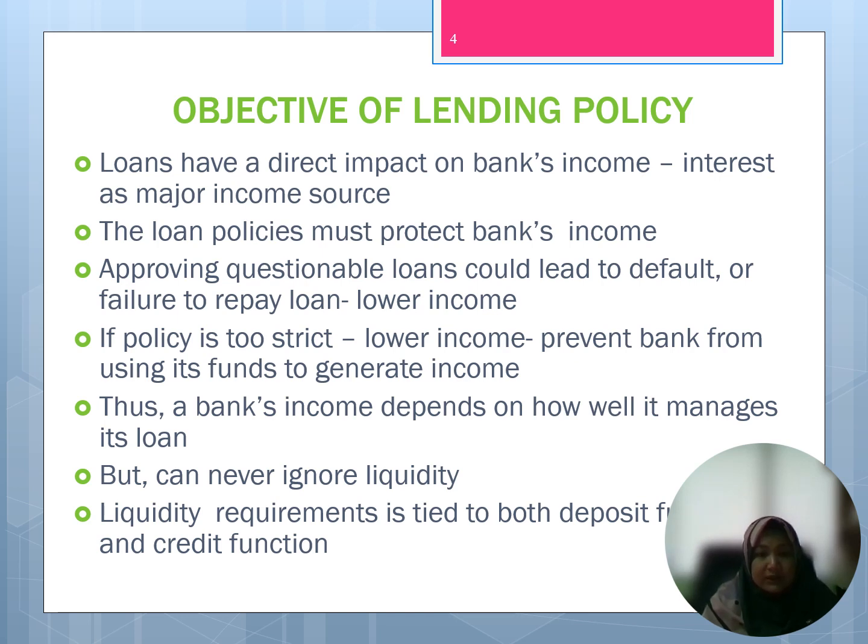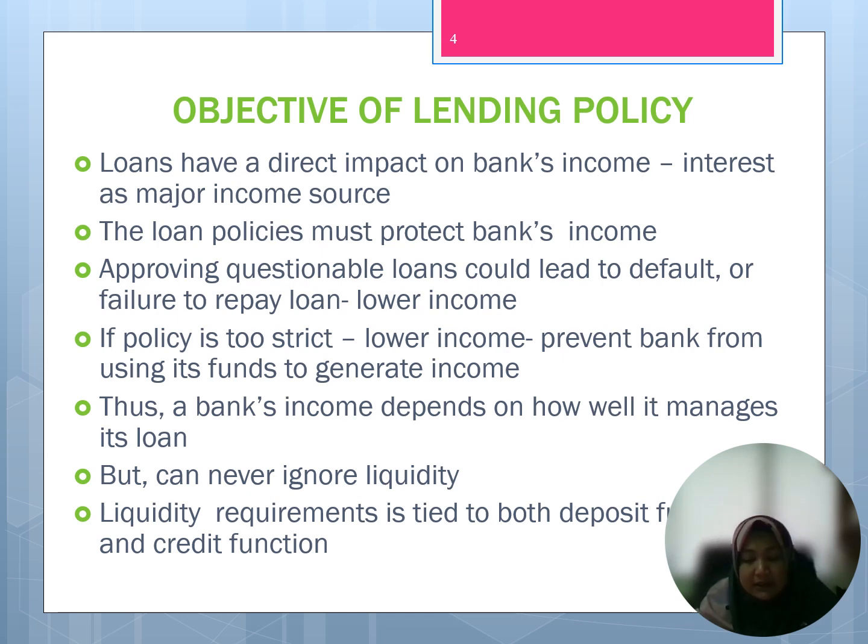Lending policy also can be a guideline for banks to ensure the bank is not doing too strict a lending policy or too flexible a lending policy, because either one can affect the income of the bank. It also highlights the objective of lending policy to ensure the liquidity level of the banks.